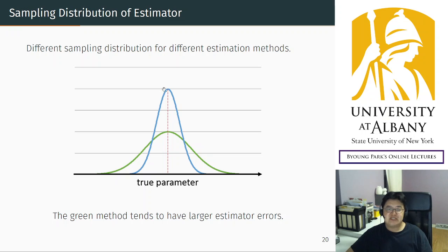The blue estimator is better because the estimation error tends to be smaller for the blue sampling distribution. So these two are a simple graphical illustration of how we compare estimators.